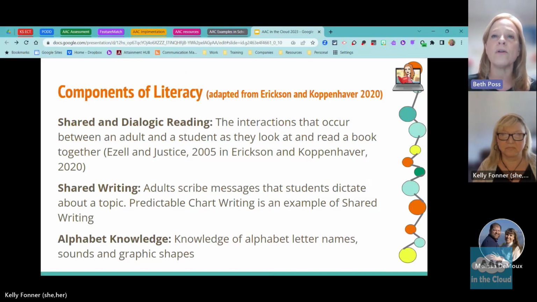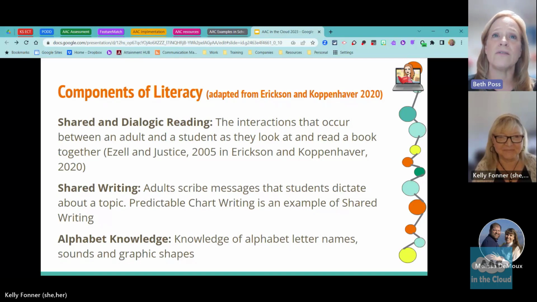It's more than just reading a book to someone, right? And I think that's why it's really important. If you think about the term dialogic reading, that helps cement that idea for you, because it's about the interactions that are happening, the comments going back and forth, those opportunities where the adult who's reading pauses and waits for the reaction from the child that's being read to, right? So that's shared and dialogic reading. And we're going to go into a lot more detail on that.